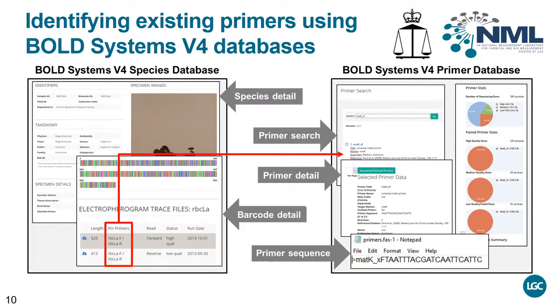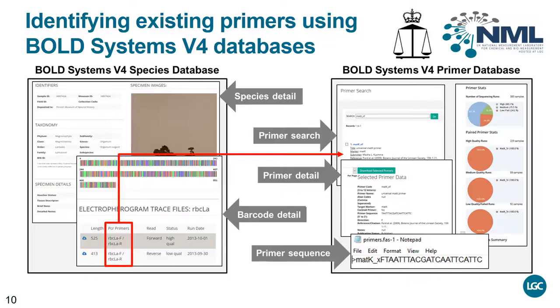The Barcode of Life database, or BOLD, is an open access resource which contains DNA sequence information for a number of barcoding markers across a broad range of animal, plant, fungi and microbial species. BOLD is organised into a number of databases. The primary database comprises DNA barcoding sequence information for a number of verified specimens for each species entry.